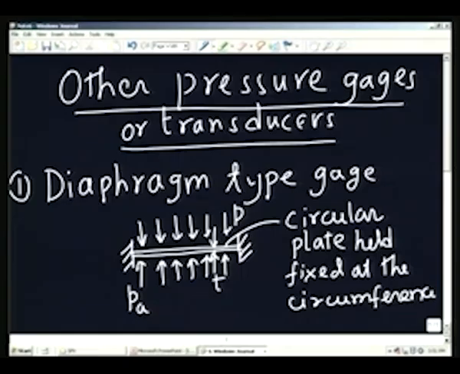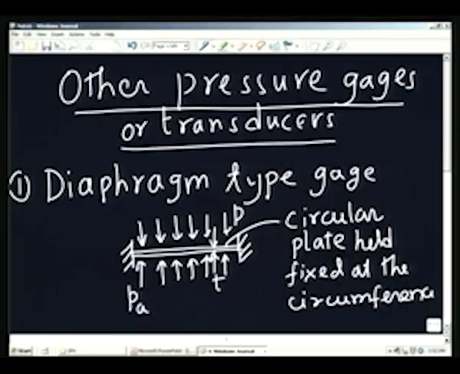At the periphery it is held fixed, and now I am applying the uniform pressure on the one side and the atmospheric pressure, of course, which is uniform on the other side. So, the diaphragm is going to undergo, if the P is greater than P A, a displacement like this. It is going to undergo a change in shape. It is going to open out like this.